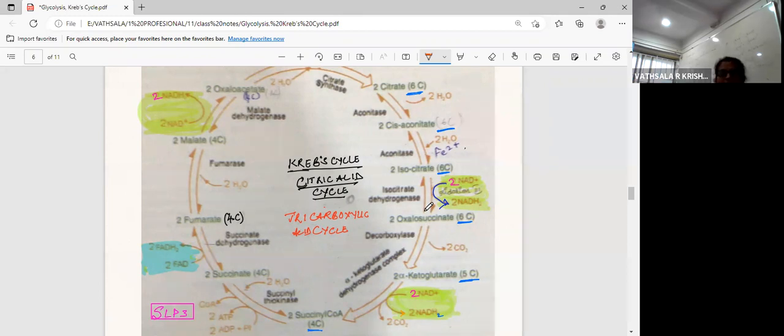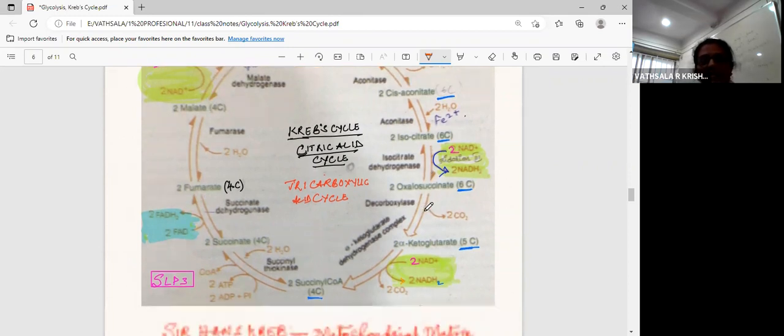The Krebs cycle is called the citric acid cycle. Why? The first stable compound found is citrate. Citrate is citric acid, pyruvate is pyruvic acid. And why is it called tricarboxylic acid? Because of three carboxyl groups.